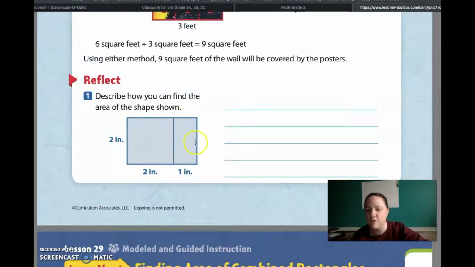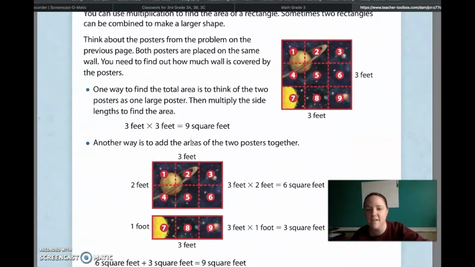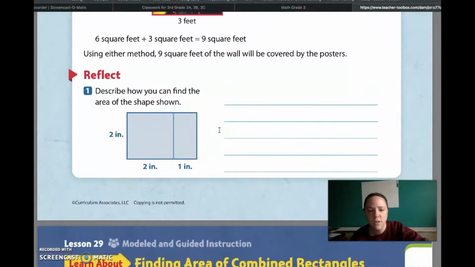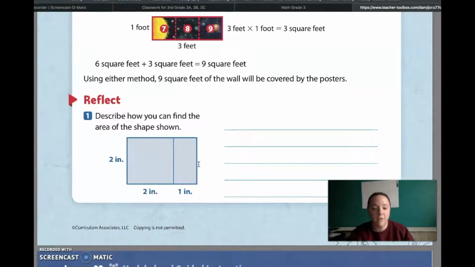They separated it into 2 shapes, but they put it together just like they did with Anna and Raul's. So we have 2 inches and we have 1 inch. Okay, so if we want to know that total length right here, what could we do? Well, we add to get 3. Then we know that this is 3.